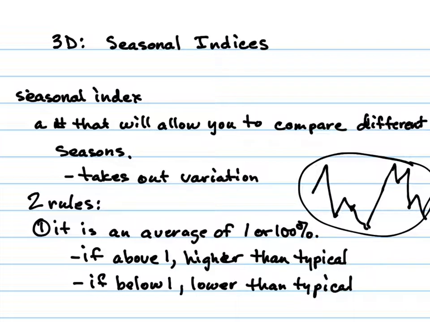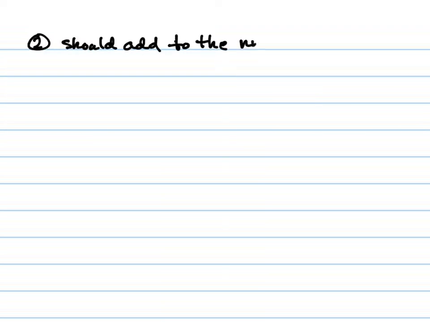The next thing, the second rule, is that they should add to the number of seasons. Again, we're going to do some examples, but say you're doing quarterly. Quarterly means 4, so that means they should all add up to make 4.